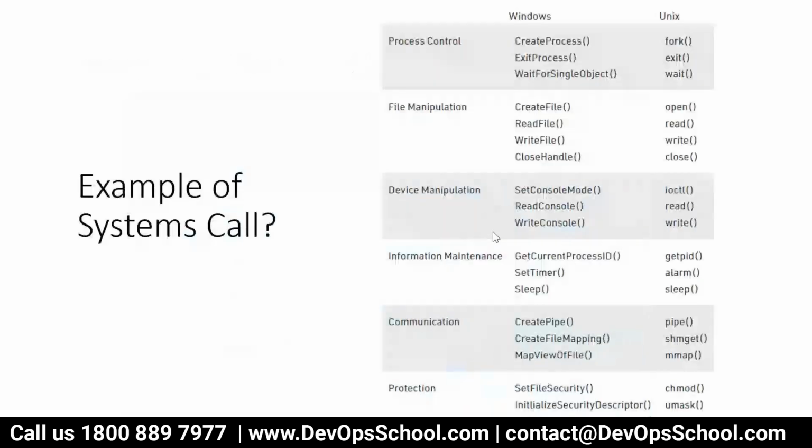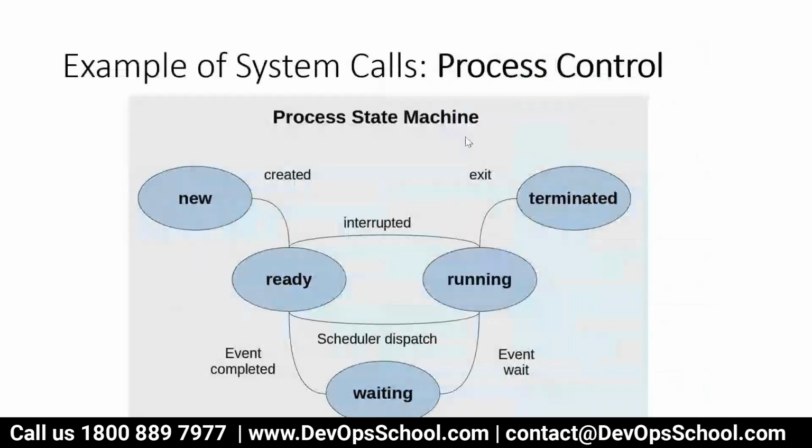So for the system call in terms of process control in Linux, here you see that every process gets created, then ready, then it is running or waiting. Running can be waiting and then terminated. So this is the workflow for it.